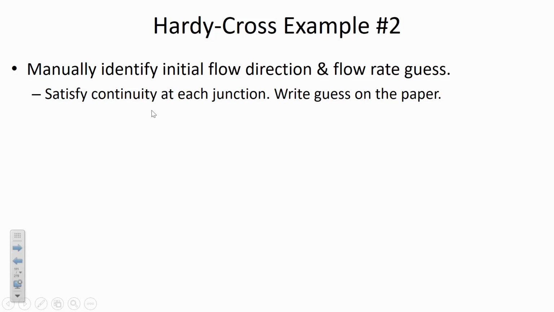What I'd like you to do is turn the paper to the second page, the one that says Example 2, Hardy Cross Method with Microsoft Excel. First of all, you'll have to split the flow that is coming in and going out. You're going to make your own assumption of what the flow amount and flow directions are. Write that on the paper and do it in pencil in case you need to make a change to your assumption.